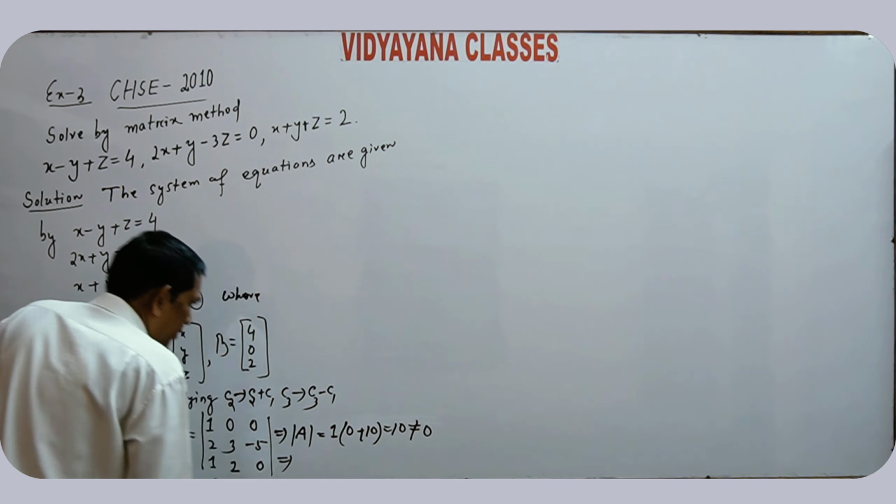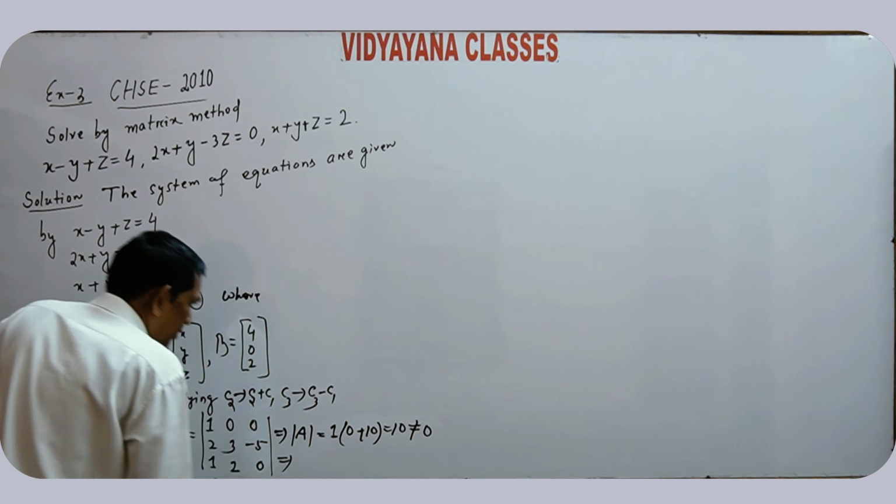A is non-singular. So A inverse exists. Equation 1 implies X is equal to A inverse into B. It is taken as equation 2.